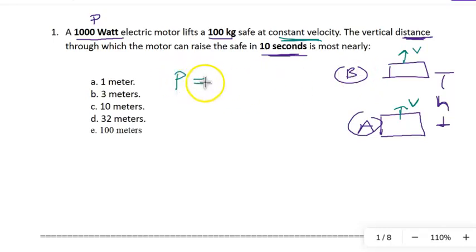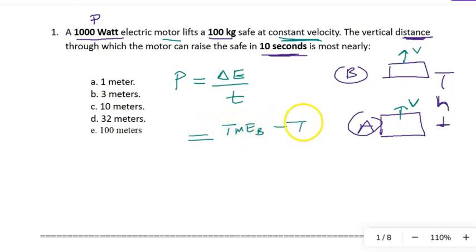Right, so the power is the change in energy over time. And so the motor is not changing the kinetic energy, only the gravitational potential energy. You could say TME at B minus TME at A. Denominator is generally easy, that's time.